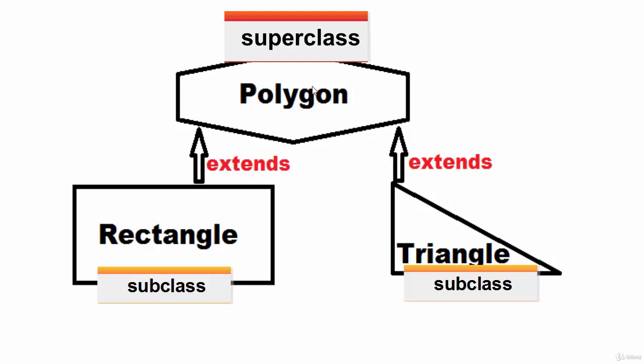Let me give you one more example. As a superclass, you can take an animal class, and then as subclasses, you can create a dog class, cat class, rat class, because all of them are animals. A dog is an animal, a cat is an animal, a rat is an animal. So always remember, when you use inheritance, there is an is-a relationship between the superclass and the subclass.